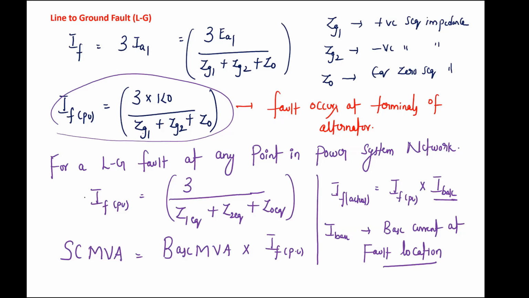If the fault occurs at any point, then it is 3 divided by Z1 equivalent plus Z2 equivalent plus Z0 equivalent. Understood? So any doubt in this discussion? No. Okay.